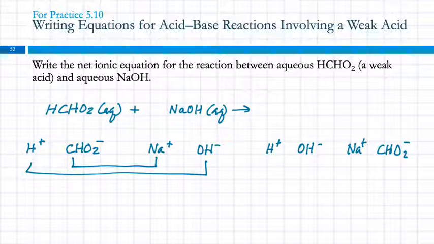If you change the formula, it becomes really difficult to balance the equation. So when I put H plus and OH minus together, how do I write that? H2O. And water is a liquid at room temperature. If a temperature isn't specified or implied, assume room temperature.